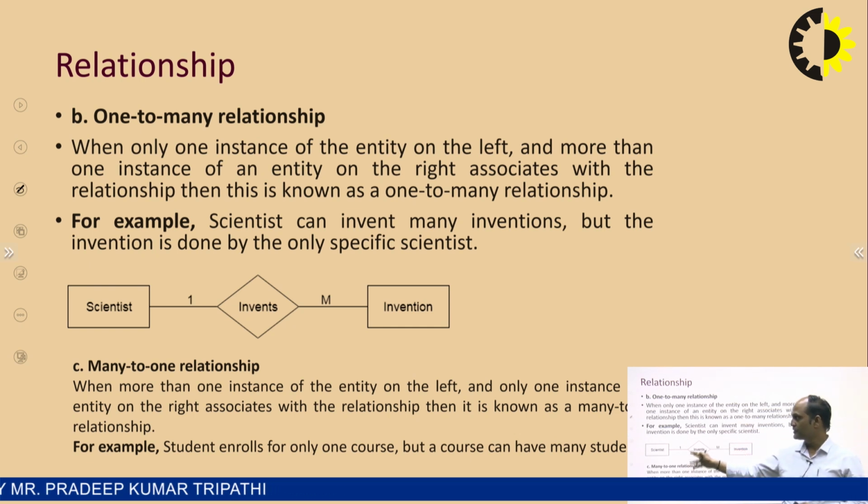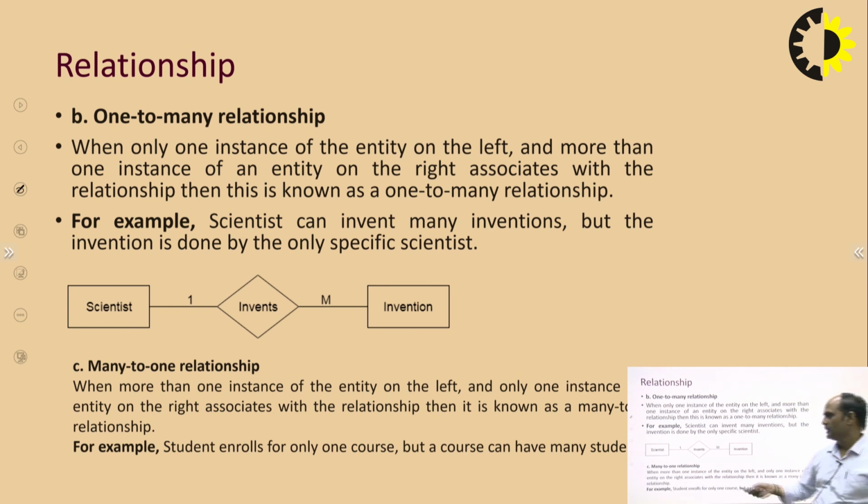This can be shown as a one-to-many relationship. Here one is the scientist and invents more than one invention, so we can relate this as one to M. The M stands for many. So this particular relation is called a one-to-many relationship.